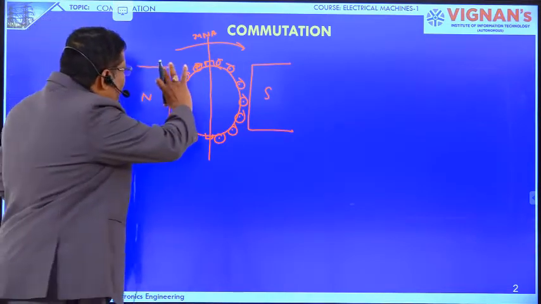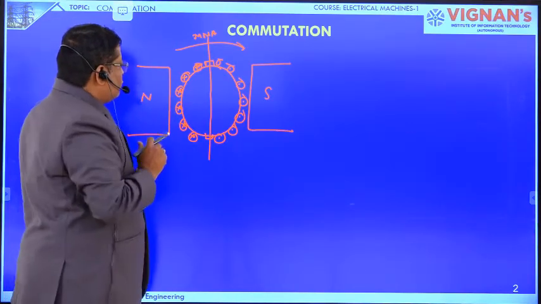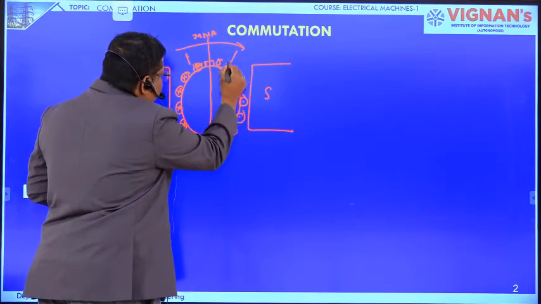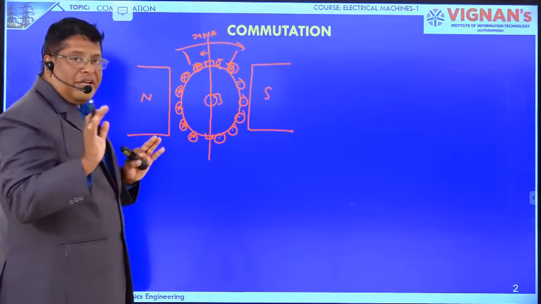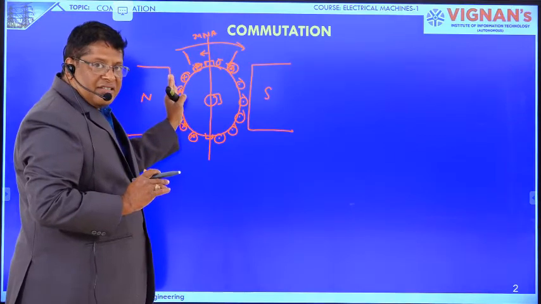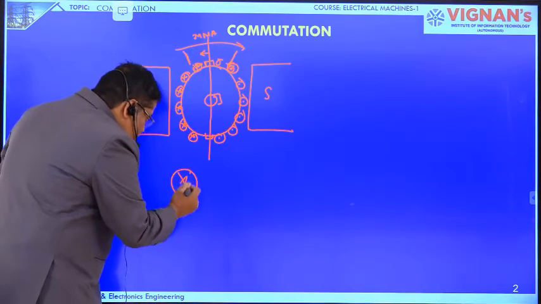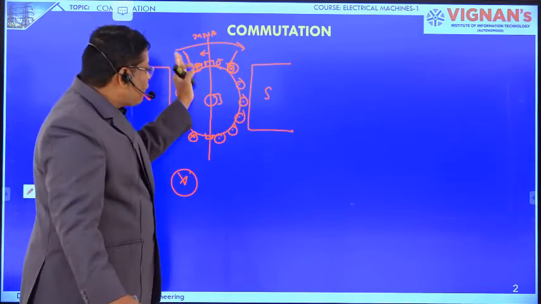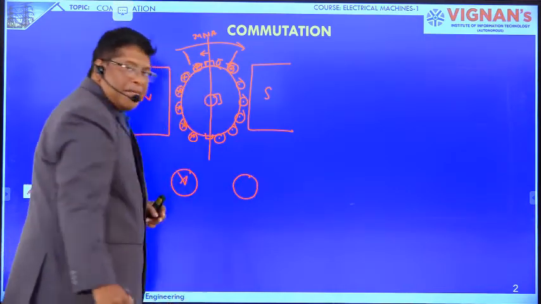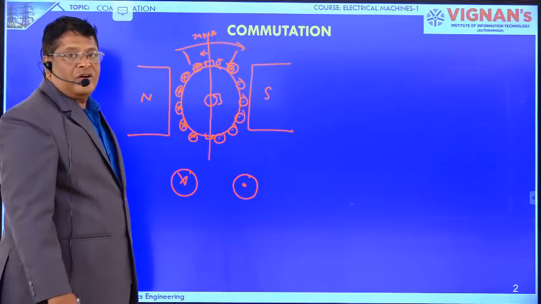See here, whenever we are giving the mechanical input, suppose you observe this conductor from this instant to this instant, it is very important. Before the brush axis, the conductor carries current inwards, which we represent as a cross. After the brush axis, the same conductor carries current outwards, which we represent as a dot.